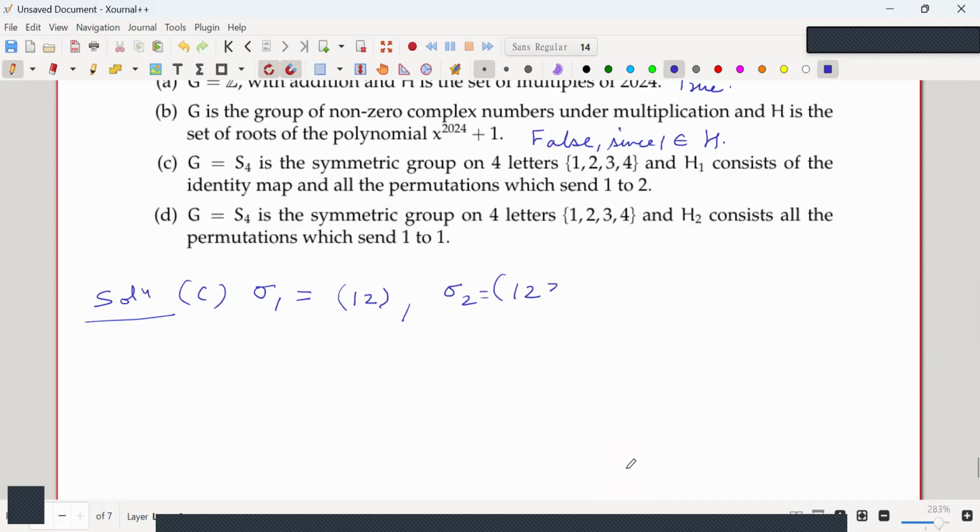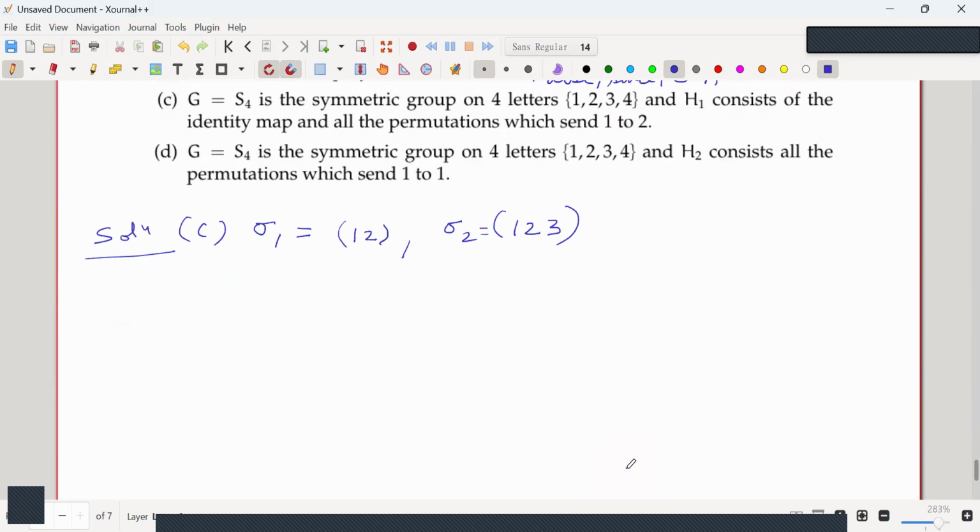Maybe we have already seen that their composition turns out to be (1 3) or (2 3), right? So sigma 1 composed with sigma 2, that is (1 2)(1 2 3). What was it? 1 goes to 2, 2 goes to 1. So 1 is fixed.